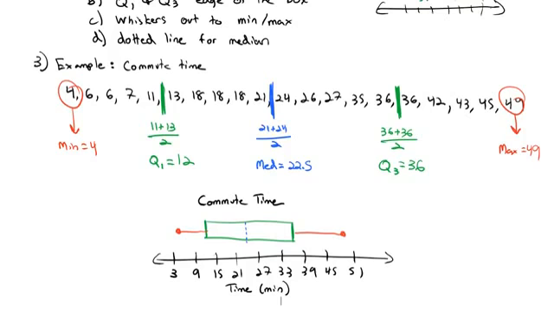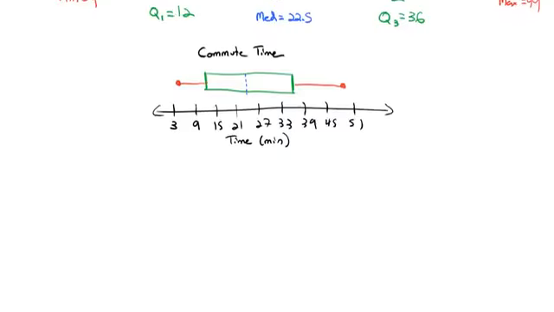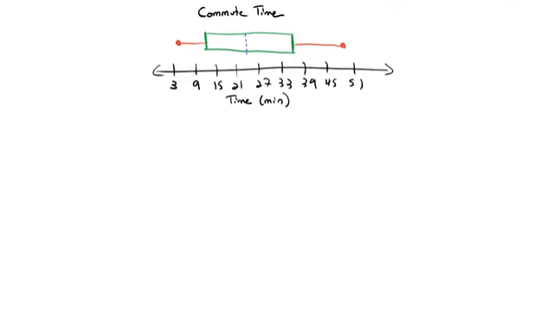And just like we can describe the shape of our histograms, we can also describe the shape of our box plots. And there's basically 3 ideas here.